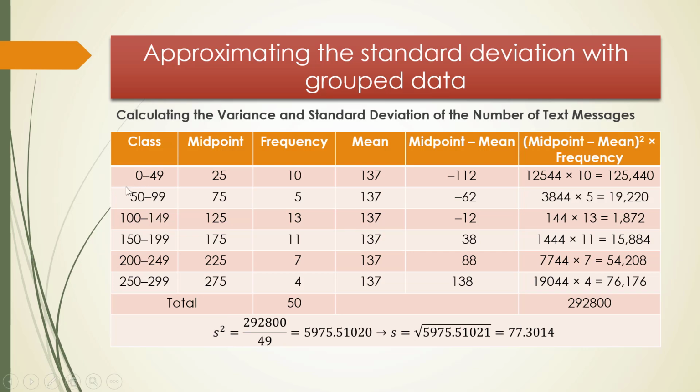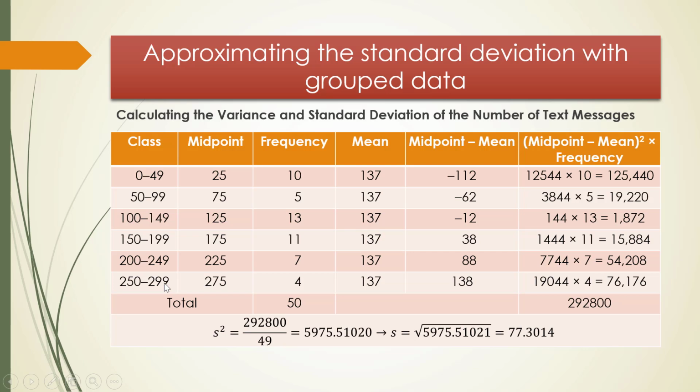The number of text messages is classified into 6 classes. The first class is 0 to 49 text messages a day. The second class is 50 to 99, the third is 100 to 149, then 150 to 199, 200 to 249, and 250 to 299 text messages a day.